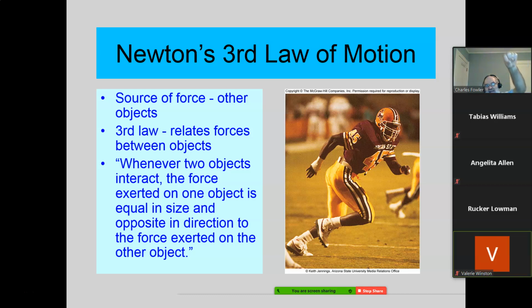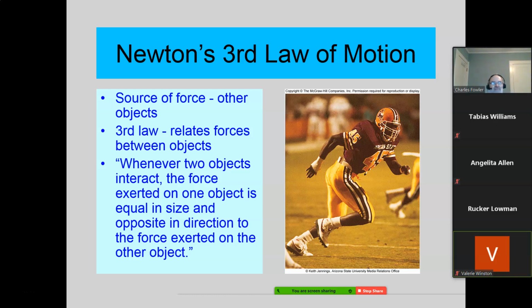You're dealing with an object, the bowling ball, the basketball, the tennis ball, a rock, whatever it is. The third law talks about the relationships between different objects.